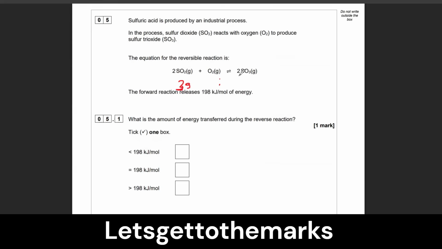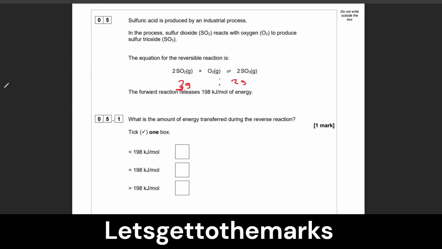On this side, there are only 2 gas molecules. Now, if you increase the pressure, Le Chatelier says it will go to the side to oppose that. The more gas molecules, the higher the pressure. So if you put a high pressure on this, it's going to shift to the right to get rid of the high pressure. If you decrease the pressure, then it's going to move to the side with the most gas molecules to try and increase the pressure. The reaction always does the opposite of what you do.